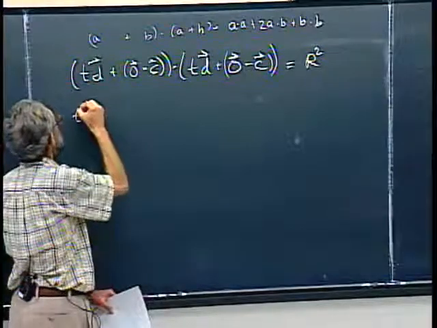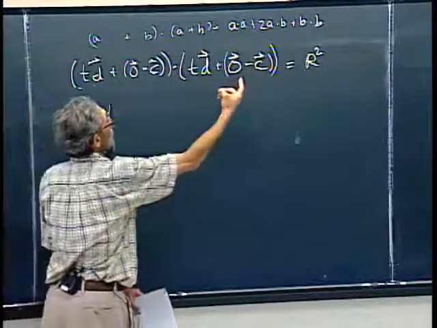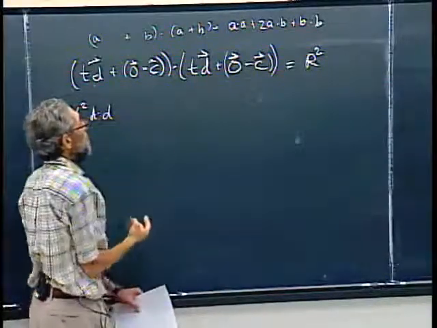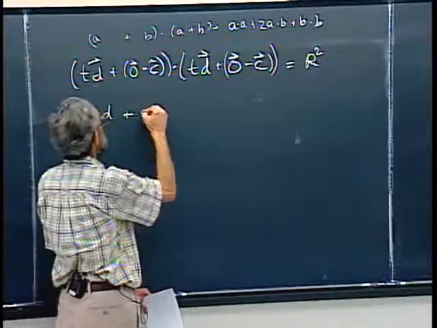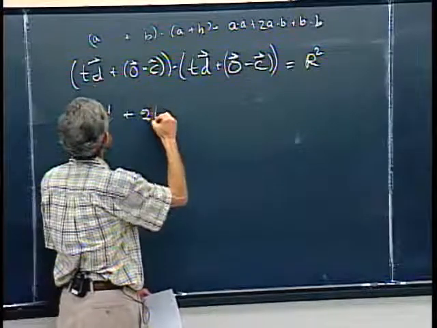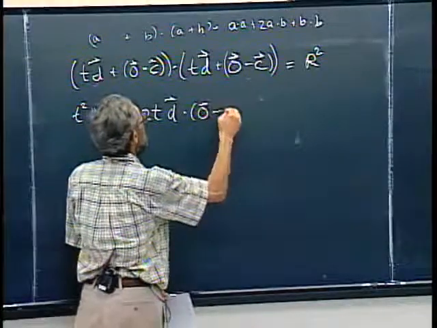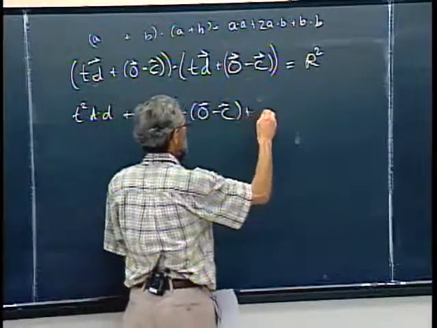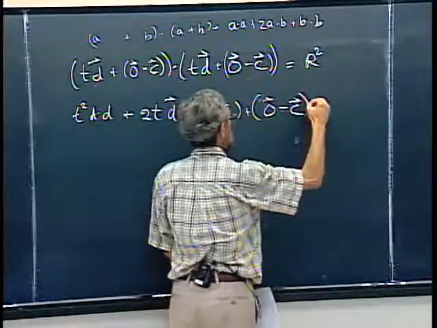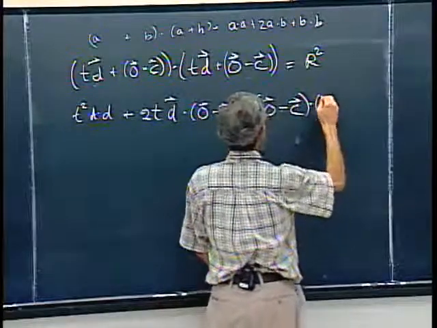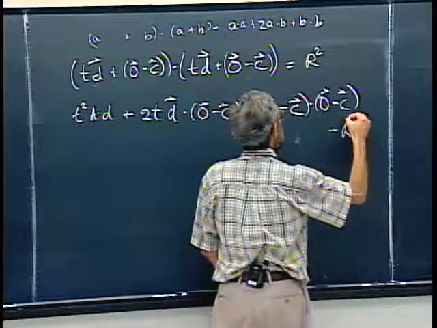I'm going to get t squared d dot d when I take this dot that, and then I have this dot that and this dot that, but it doesn't matter what order you do the dot product in, so I'm going to get twice t times d dot (the origin minus c), plus (the origin minus c) dot itself, and then I'm going to say minus r squared equals 0.